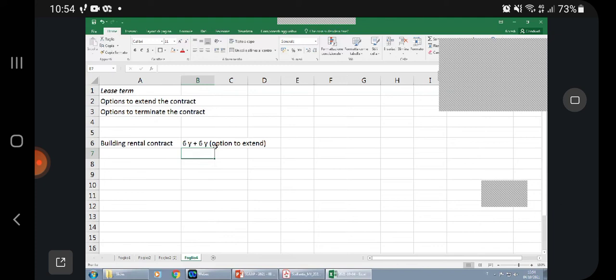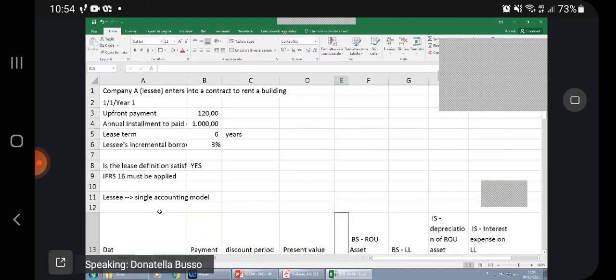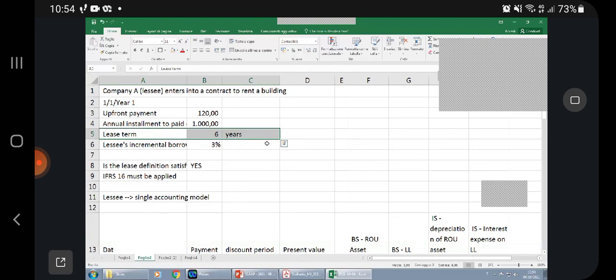I repeat again. In the exercise that we did together, we considered 6 years, that is the term of rental contracts for buildings.